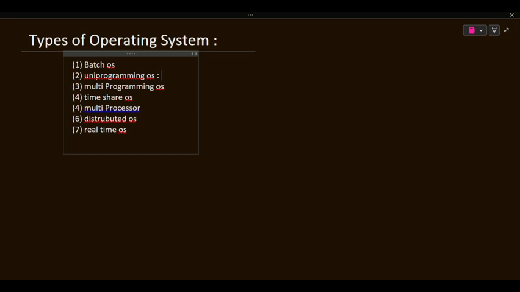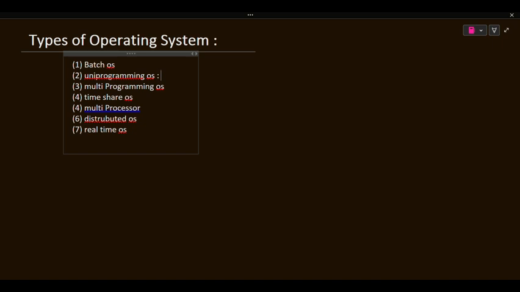Here, when the program consists of an input output operation, the further program will be executed only when this input is obtained from the user. But what if the user takes some time to give the input? The CPU will remain idle, which decreases the efficiency of the operating system.